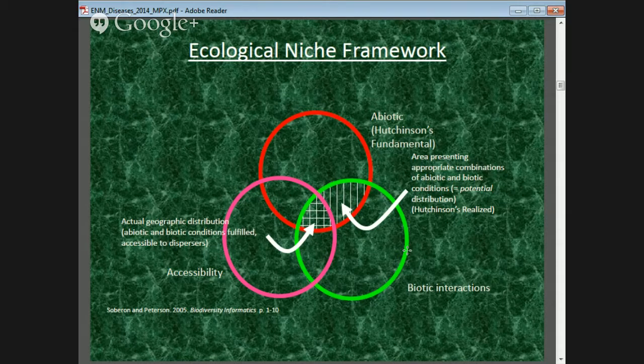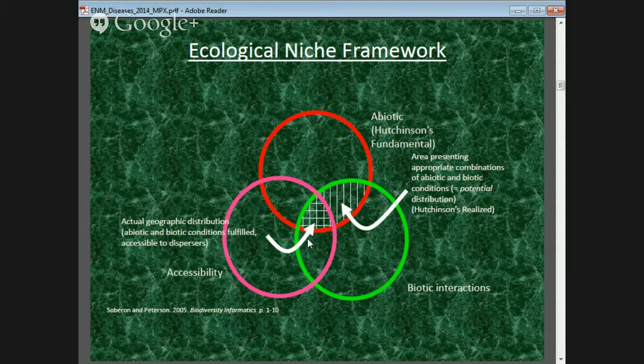You've seen this. It is the pound diagram, which, not going into the details, ties the biotic, abiotic, and movement aspects of species.